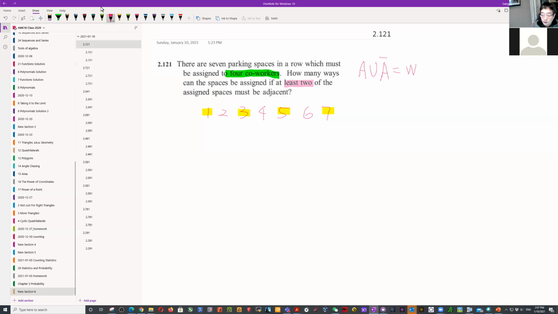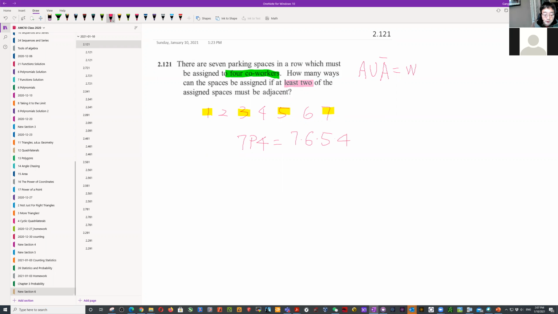This is just 7 permute 4, which is 7 multiply 6 multiply 5 multiply 4.